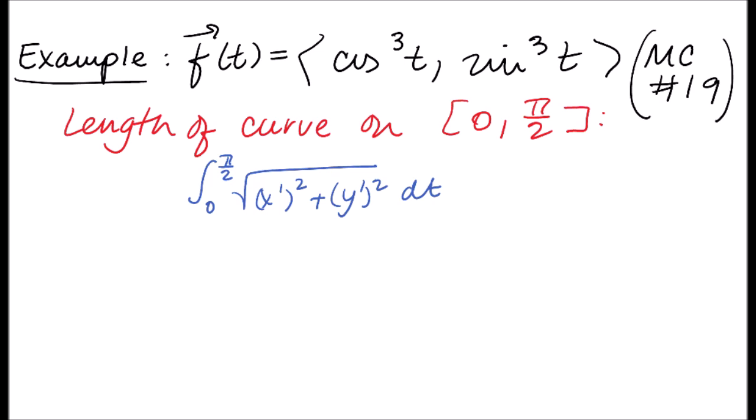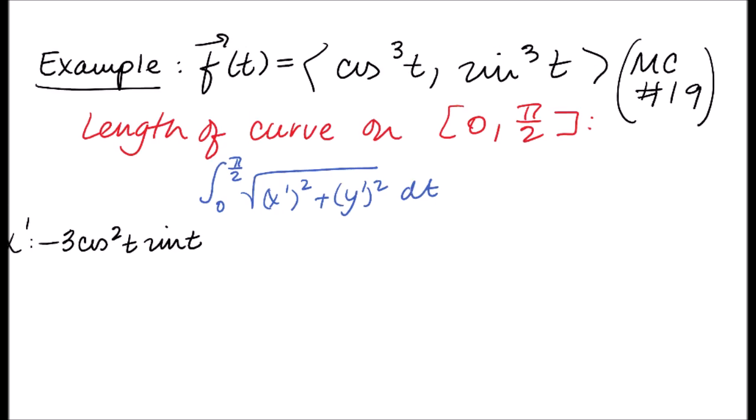So start by taking the derivative of cosine cubed, and that will be 3 times cosine squared t times the derivative of cosine, which is negative sine t. And y prime is going to be given by, okay, the derivative of sine cubed t is 3 sine squared t times the derivative of sine t, which is cosine t.